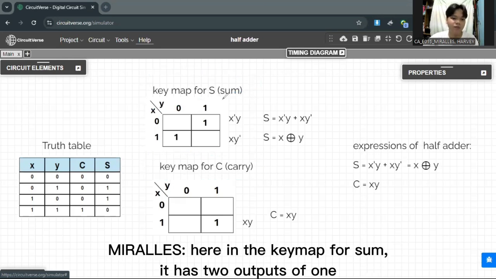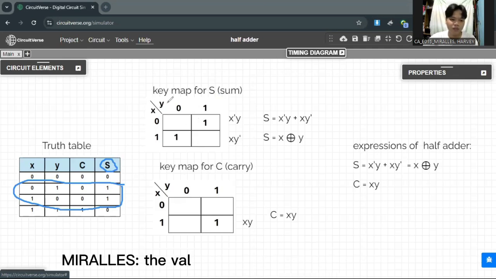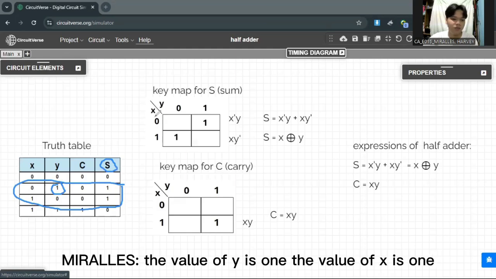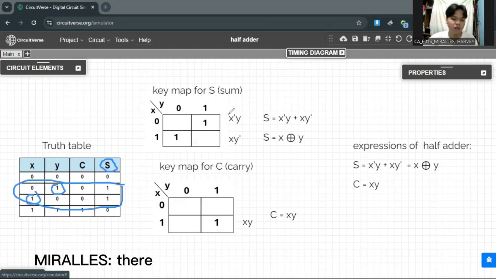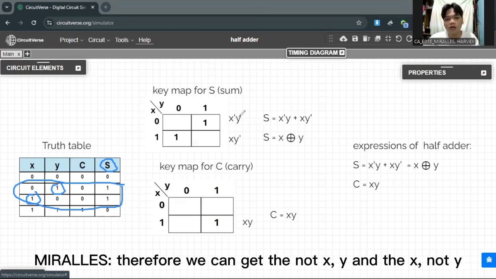So, dito sa K-map for sum, meron tayong output na dalawang 1, which is ito lang, dito sa sum natin. So, yung value ni y is 1. Then, yung value ni x is 1. So, dito makakabuo tayo ng expression na NOT x AND y, then x AND NOT y.